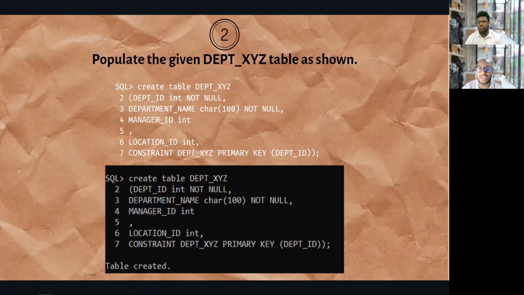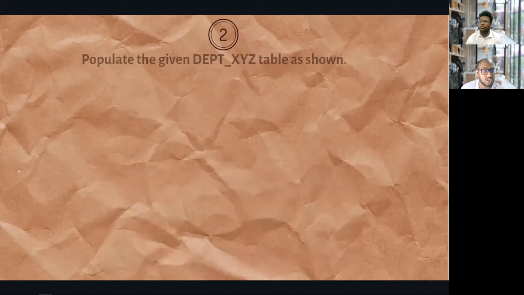Then constraint department_XYZ primary key department_ID. So we are setting department_ID as the primary key of this table, because it's easy to refer to, and department_ID will be different compared to every other value and won't be repeated again and again. Now over to you, Kishan.